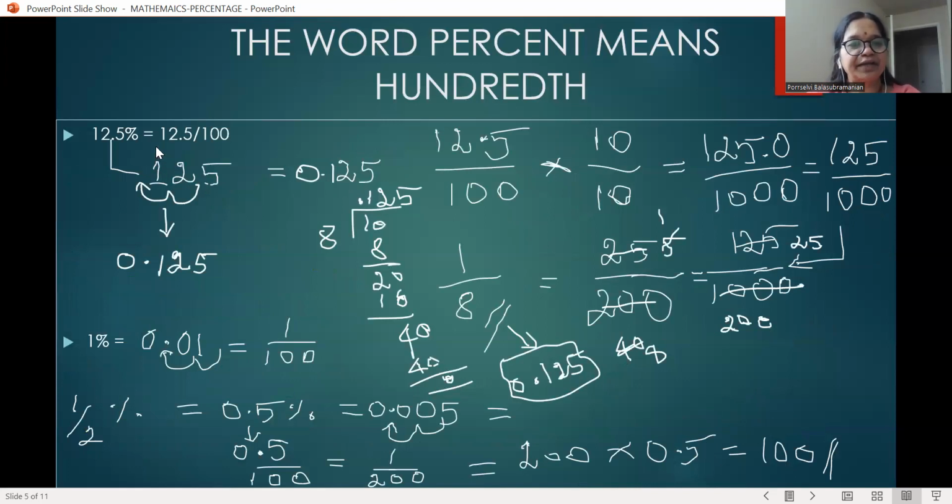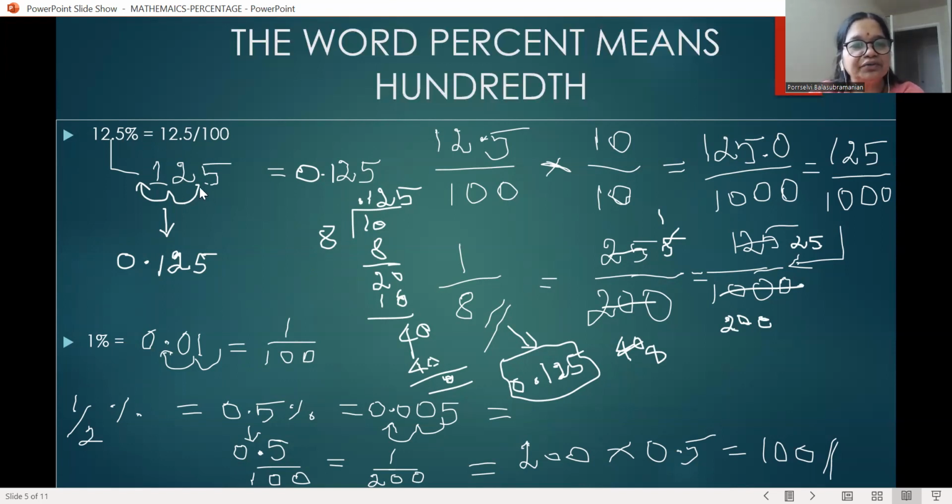Okay. Next, we'll see another example. Here, 12.5 percentage. How do you convert this 12.5 percentage into decimal value? In the previous slide, I explained the steps, right? How to convert from percentage to decimal. Before that, you have to convert from percentage into fraction. Then you simplify it, it means you reduce the fraction value, then you convert into decimal value. See here, 12.5 percentage.